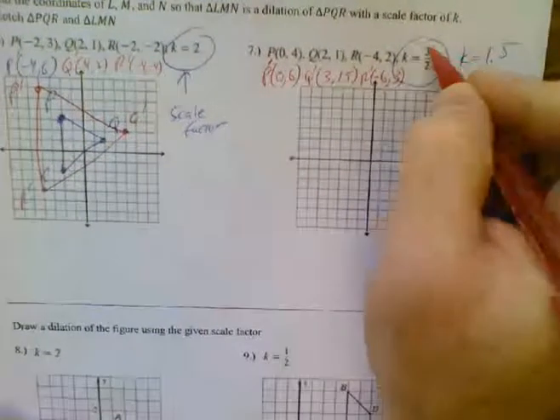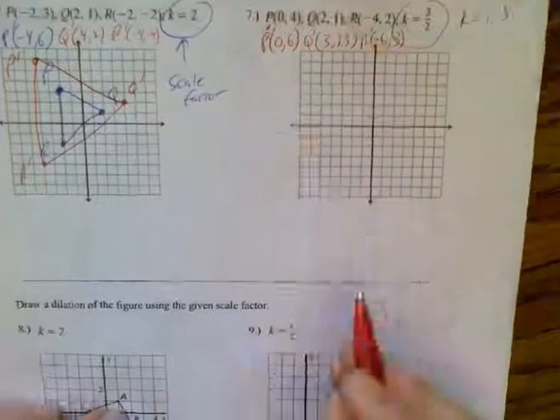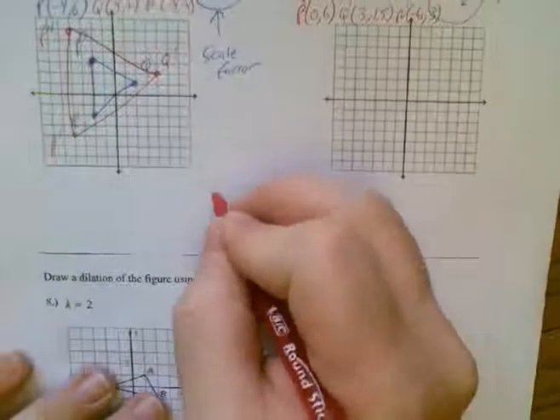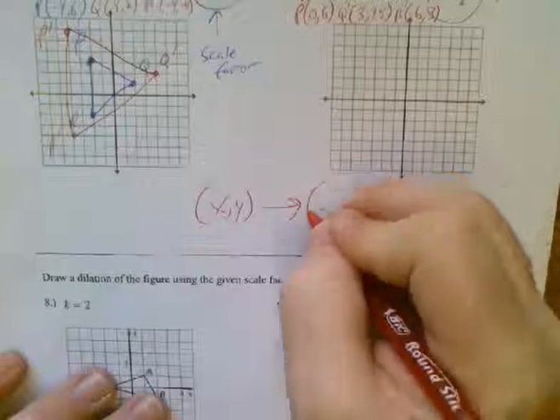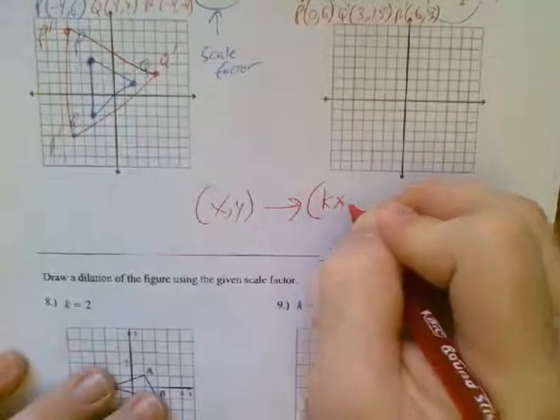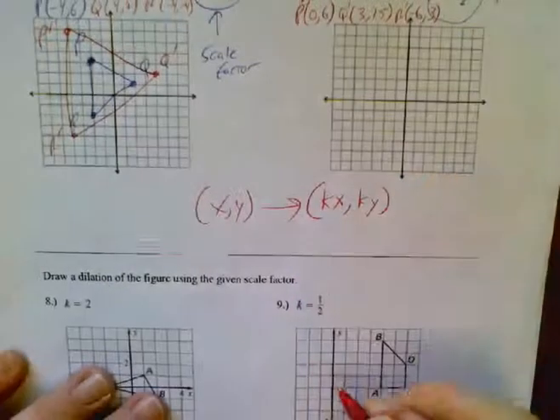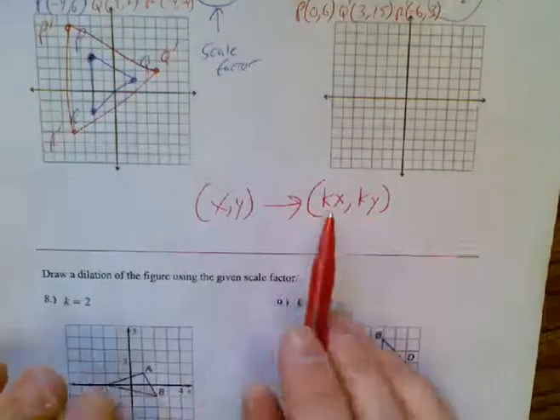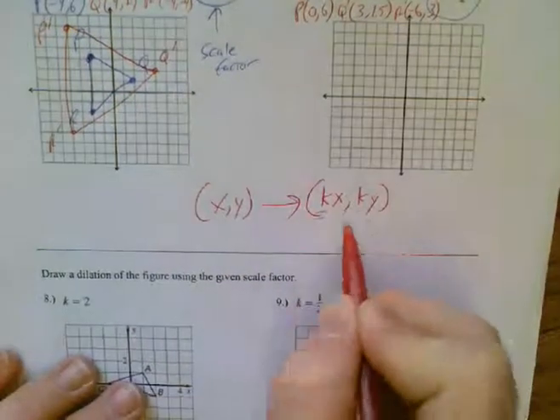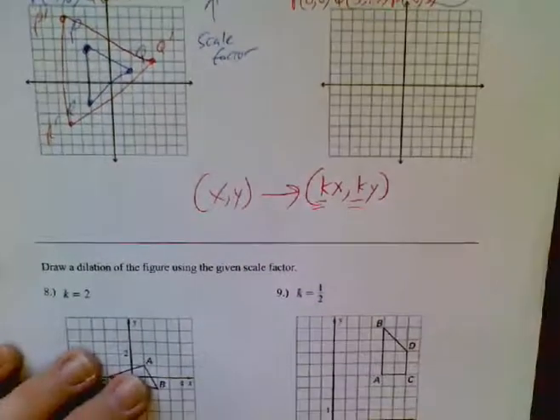But you apply this scale factor to every term. I think in some classes he wrote, if you start with x, y and you do a dilation, you end up with the scale factor times x and the scale factor times y. So this is essentially what I did on all those points, but here's a nice little formula, if you will, where you're applying the scale factor to every point.